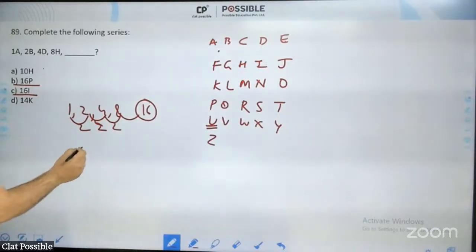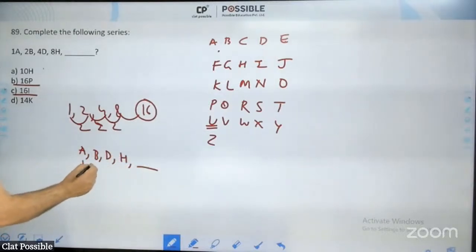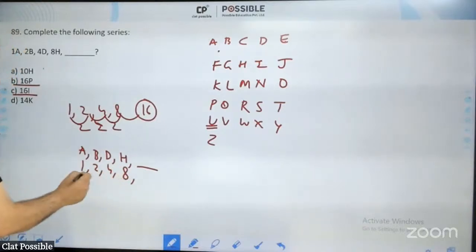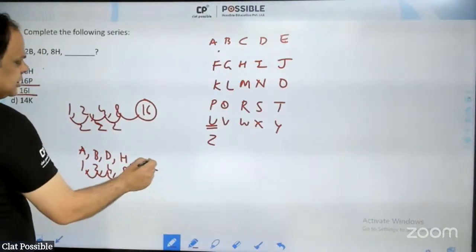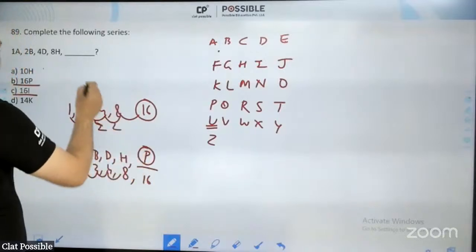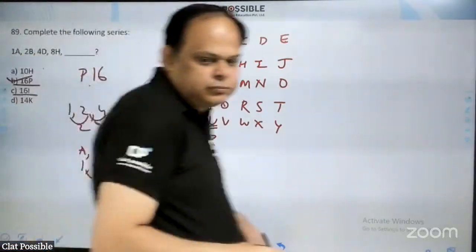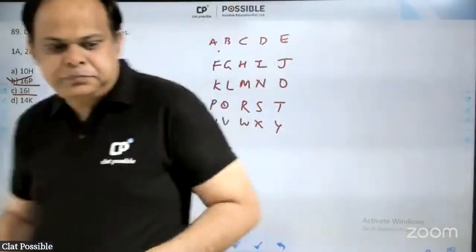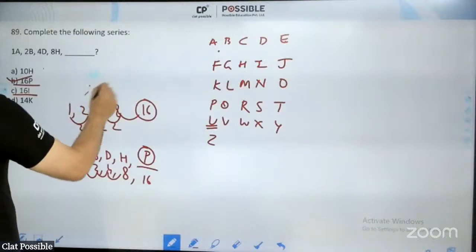We should focus on the alphabets A, B, D, and H. A is 1, B is 2, D is 4, H is 8. So again here also it is doubling. So this will be 16. What is 16? 16 is P. So P16 should be the correct answer. Hope this is clear. So very fairly simple puzzles have been asked.